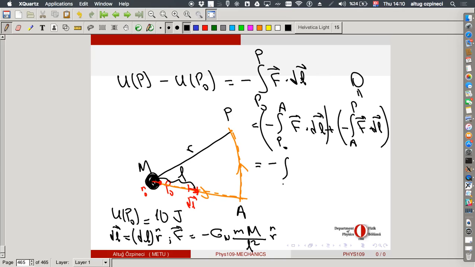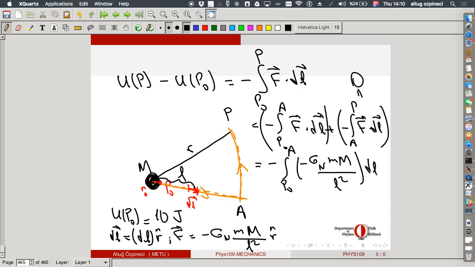Now dl is the change in the distance from the center, the change when I took one more very small step. I'm taking these very small steps. I start from the point P0, and by taking very small steps, I'm moving to A. And at every step, I'm calculating the work done.